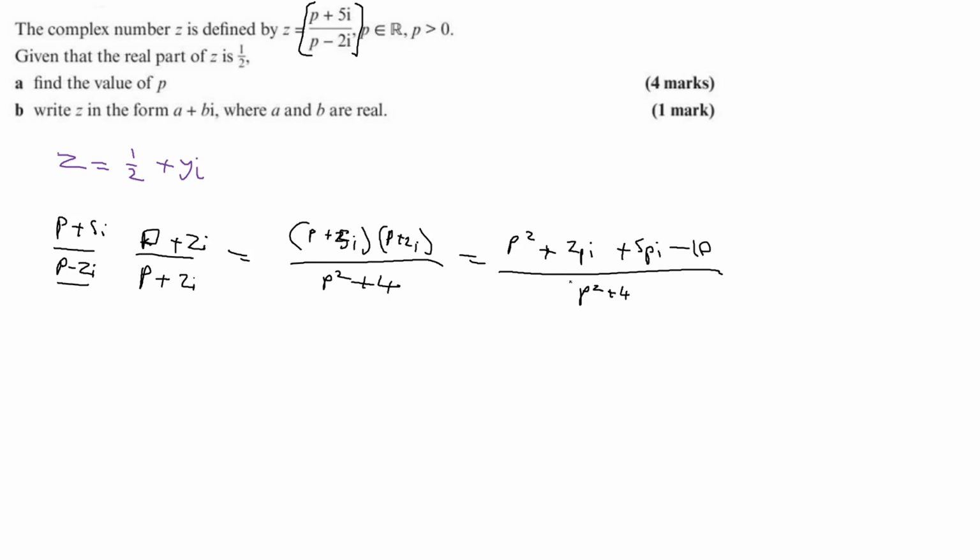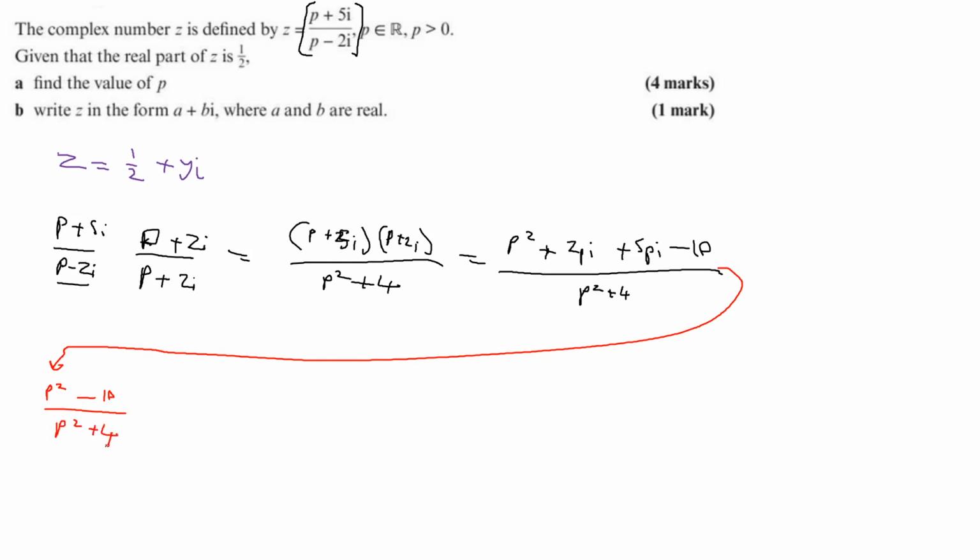So how can we use that to help us? Well, we can then split the fraction apart. So that's the same as p squared minus 10 over p squared plus 4, right? Plus 7pi over p squared plus 4.